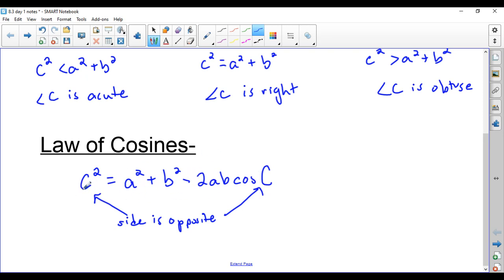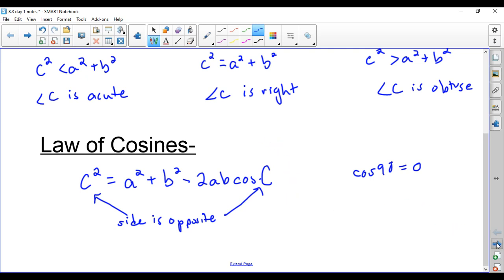The key is just that the side that is on the opposite side of the equation is opposite the angle. This does actually work for right triangles because in a right triangle, you plug in 90 degrees and the cosine of 90 is 0. So all of this goes away. So law of cosines is kind of a more expanded rule that would work for all triangles.